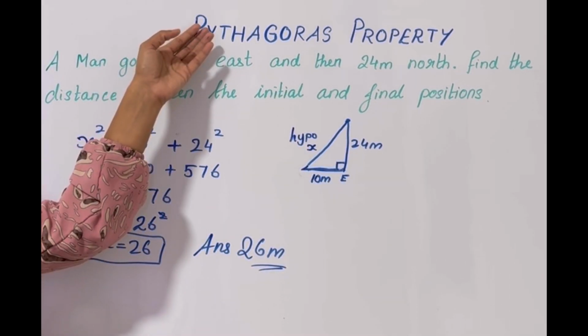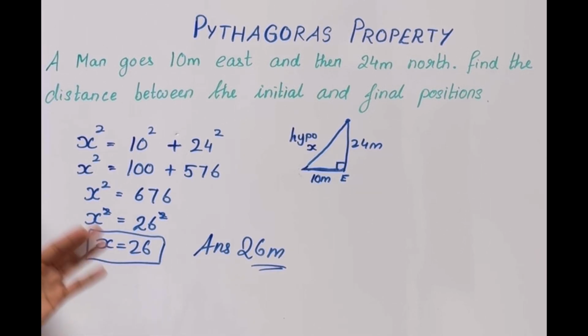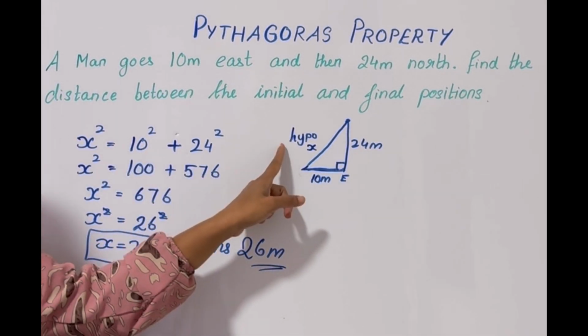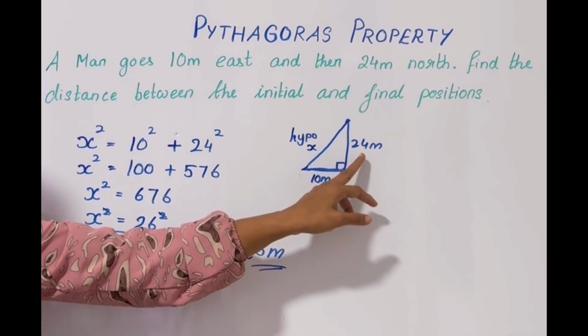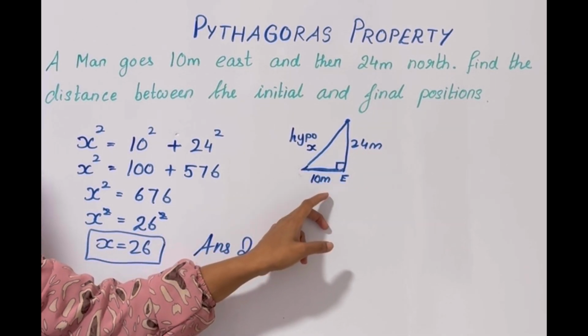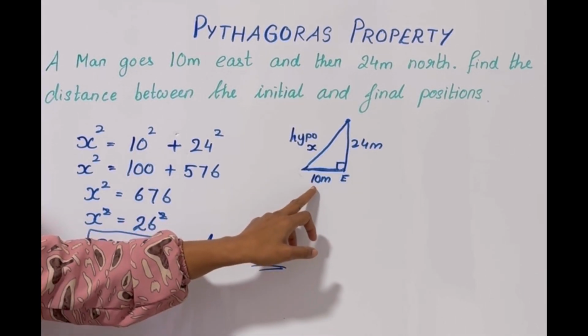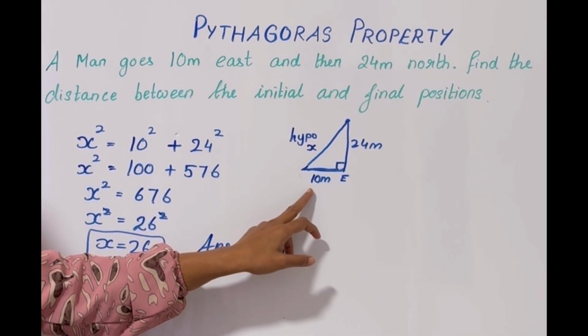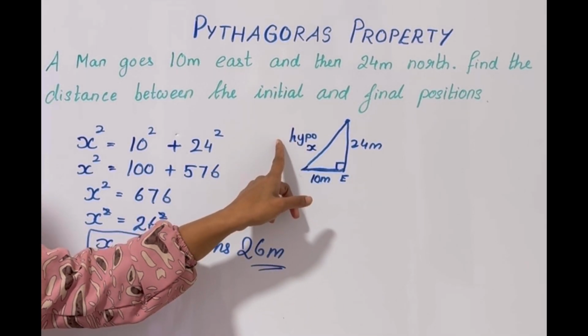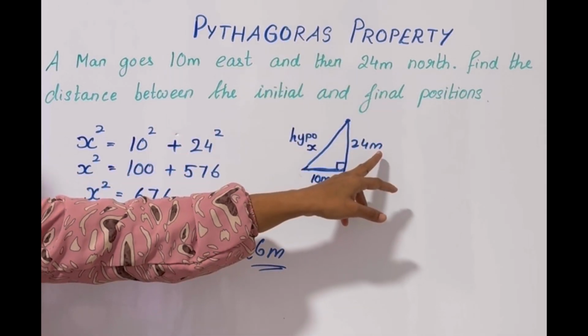And this Pythagoras property is applied only to a right triangle. If the hypotenuse is missing, take the squares of the other two sides and add them. If the length of any leg is missing, then take the square of the hypotenuse and subtract the square of the other leg.